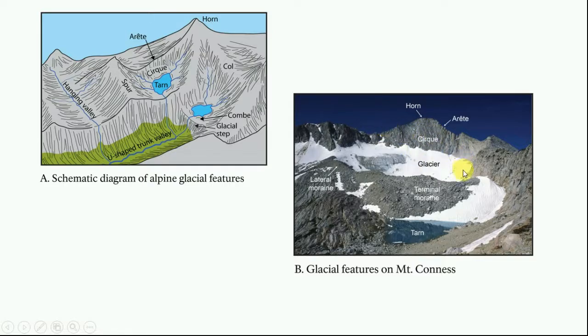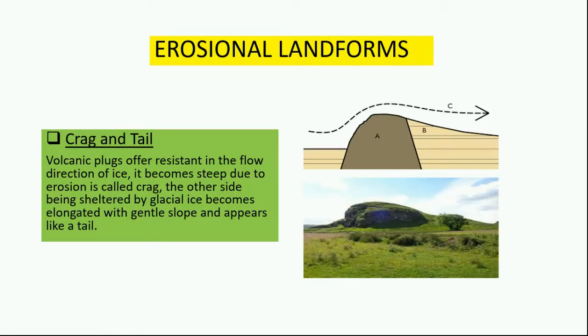Moving on to the next erosional landform, which is crag and tail. A peculiar landform having a vertical eroded steep up-glacial side and a tail-like appearance, as you can see over here. This is a tail-like appearance with lower height on the down-glacial side, called crag and tail. So this part is called the crag and this is the tail.